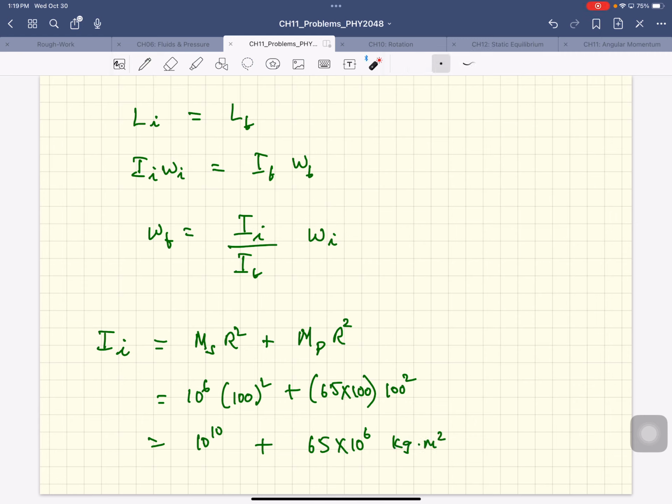This is the contribution of the space station to the moment of inertia, and this is the contribution of the people. So that is equal to 1.0065 times 10 to the 10 kg meter squared.